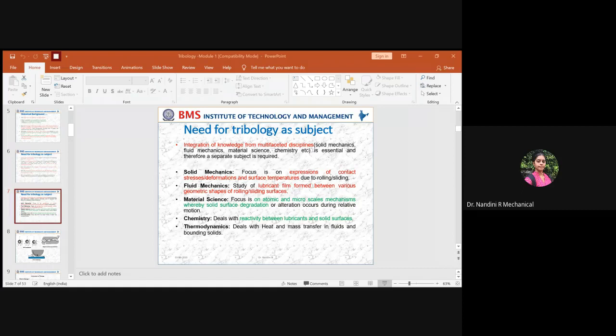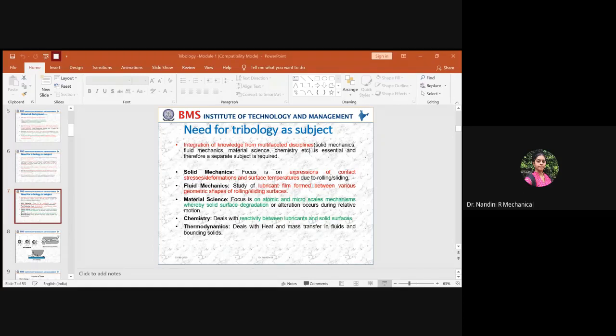When it is running for a longer period of time, you apply the lubricant, which is nothing but a fluid. Due to the longer run, even the temperature of the lubricant might increase. So all the factors associated with heat and mass transfer when the solid surface is in contact, these aspects could be verified, justified, and some suggestions can be given if any major problem is associated with it.